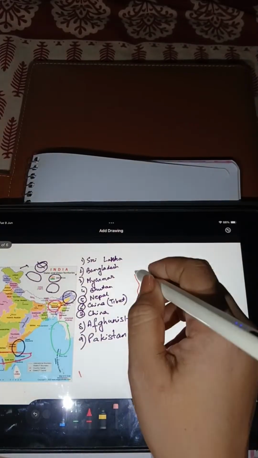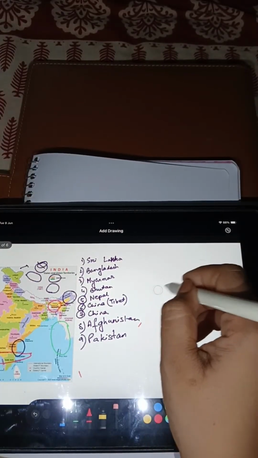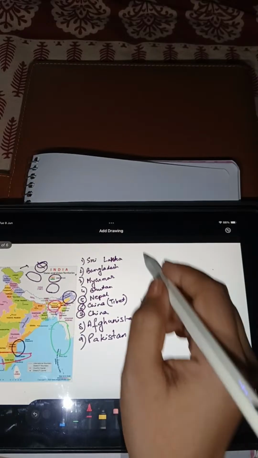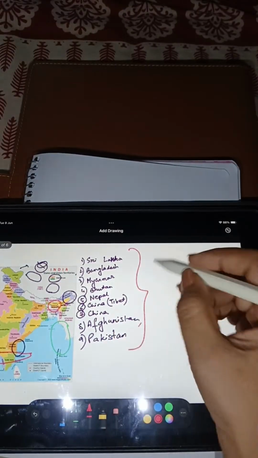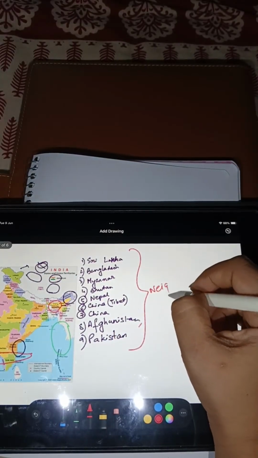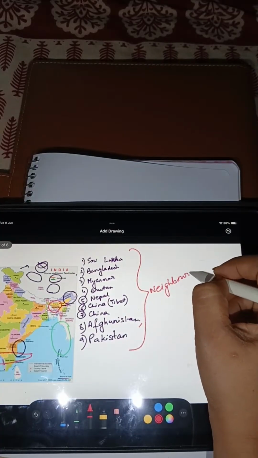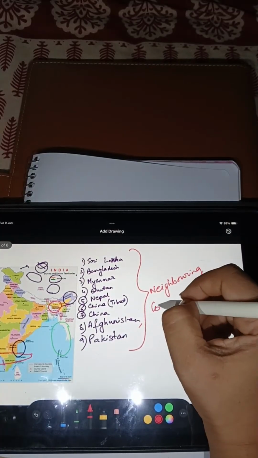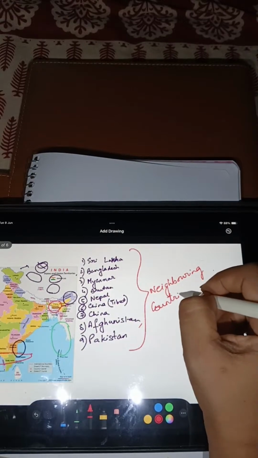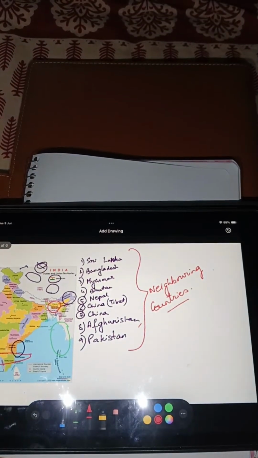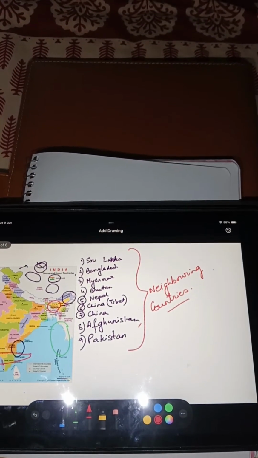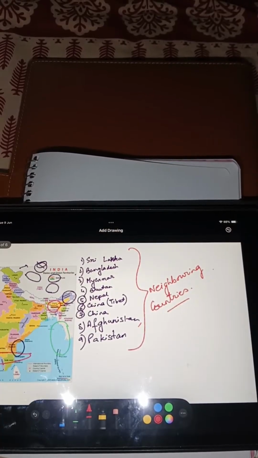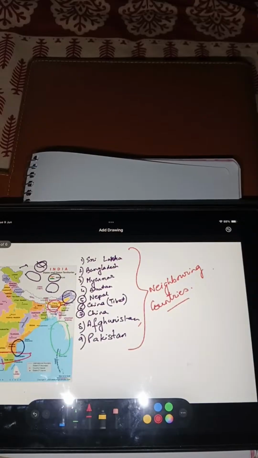Now what do we mean by neighboring countries? Neighboring countries are those countries which are located just beside India. It is very important for India to maintain good relations with the neighboring countries in terms of foreign invasion.